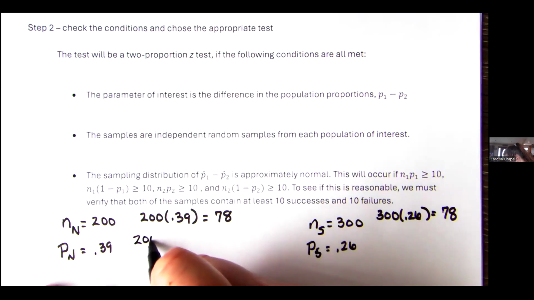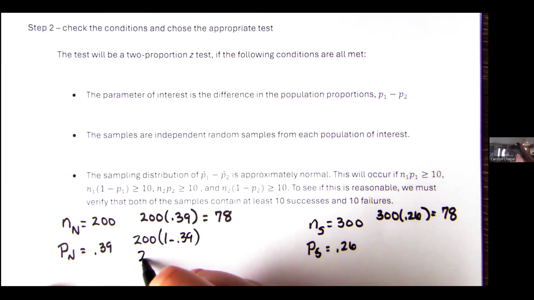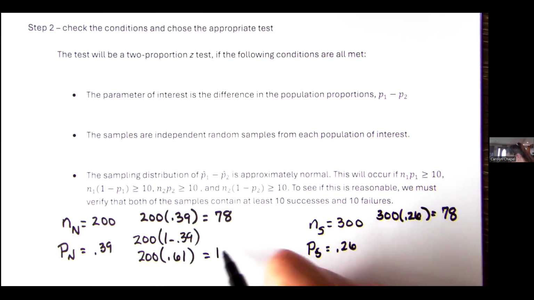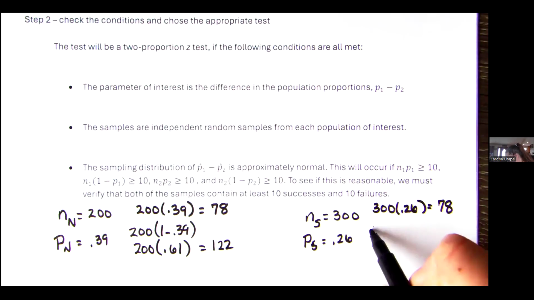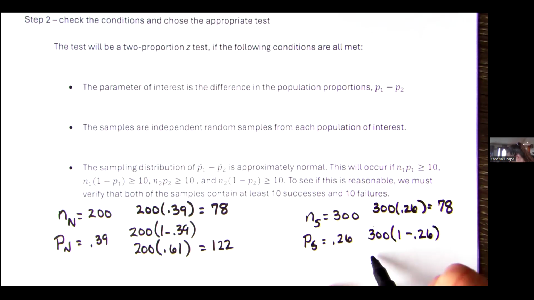I take 200 times 1 minus 0.39. That's going to be 200 times 0.61, which is going to give me 122. I'm going to do that for my Southwest as well. 300 times 0.74, which is 222.